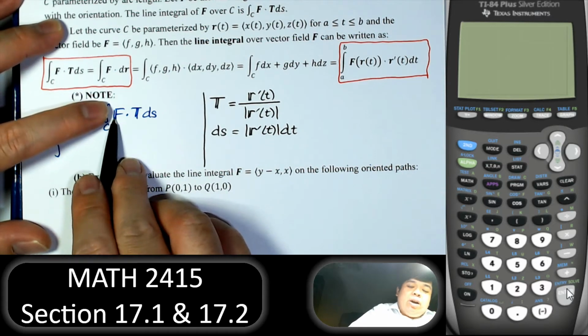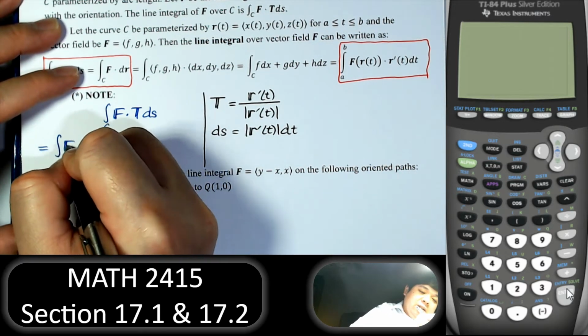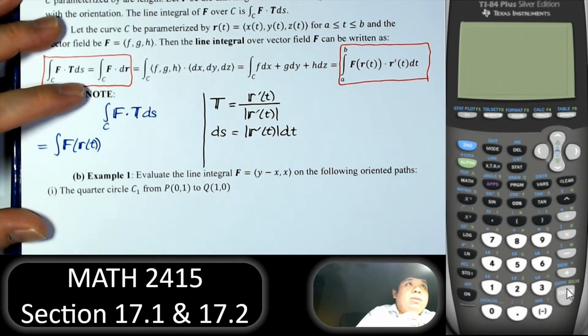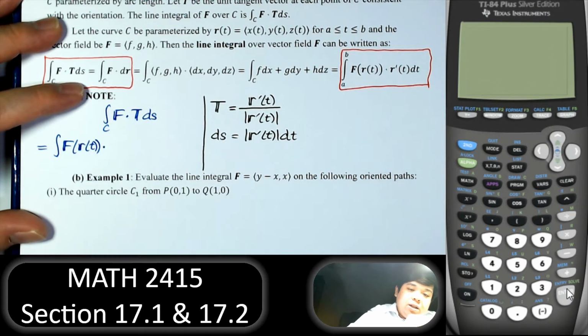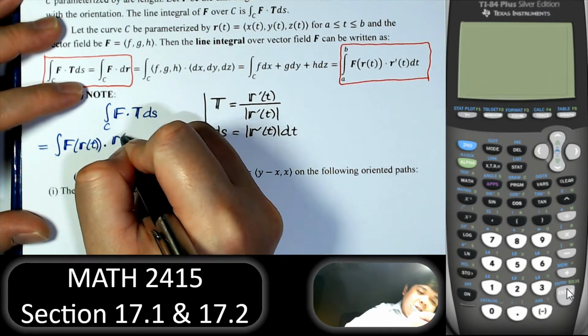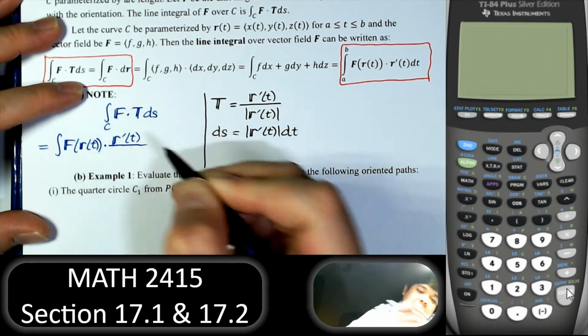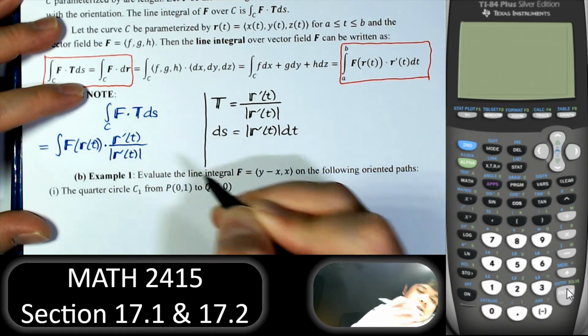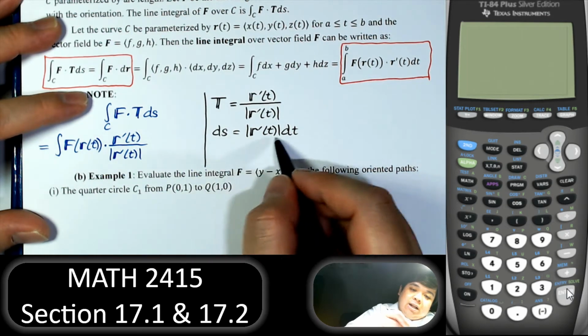First, the vector field has to be in terms of t, dot T, which is this, and then ds.